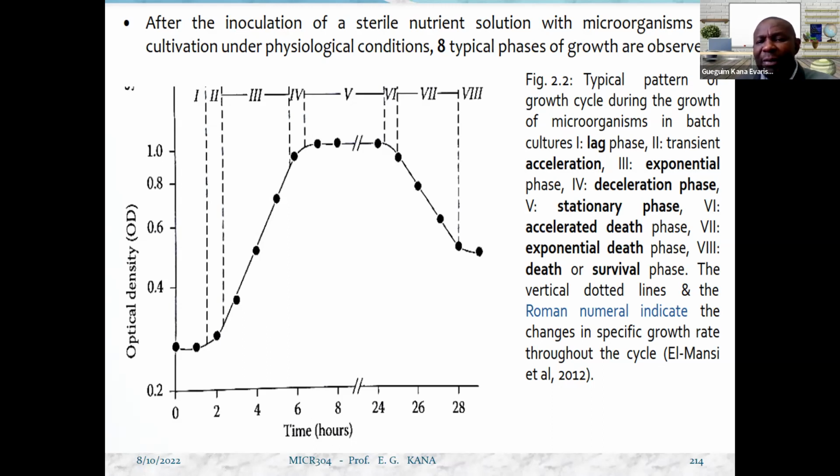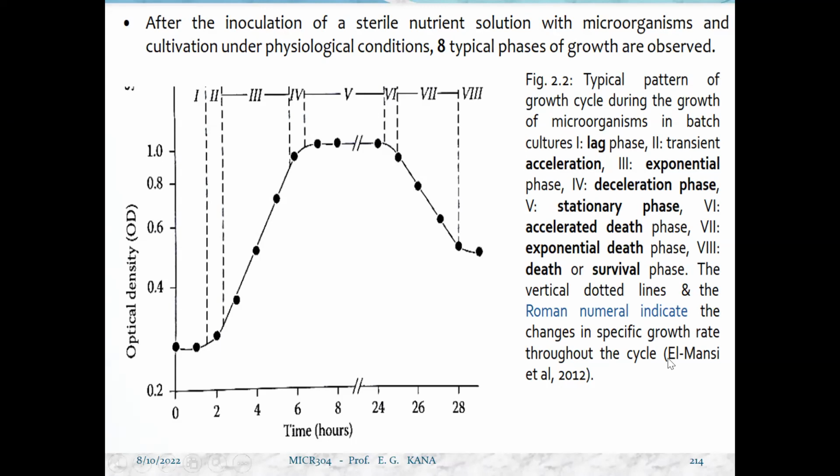Many of those products are produced during the deceleration phase, stage 4, and the stationary phase, stage 5, on your diagram. Who has an idea why microbes embark on the production of such chemicals at that stage?